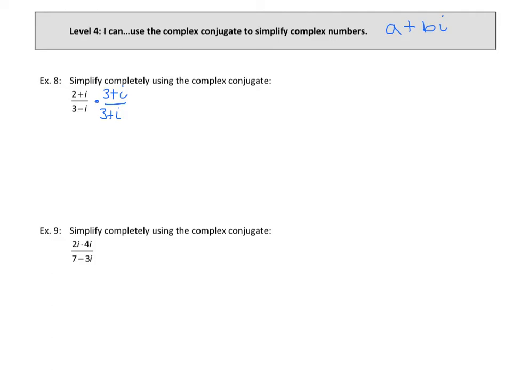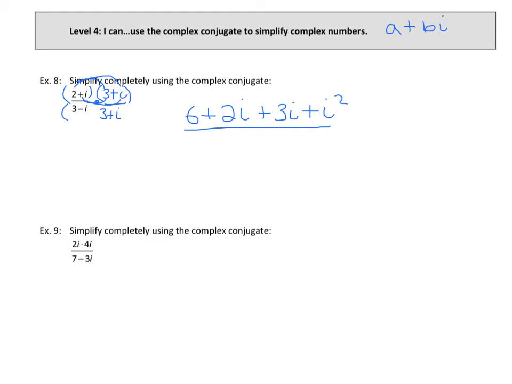Okay, now we have to FOIL on the top, or distribute, whatever you call it. 2 times 3 is 6. 2 times i is 2i. My insides would be 3i. And i times i is i squared.